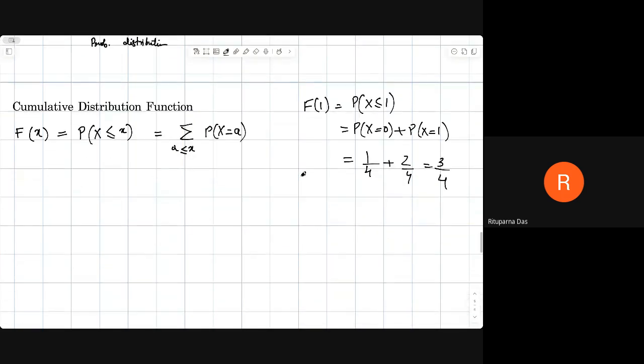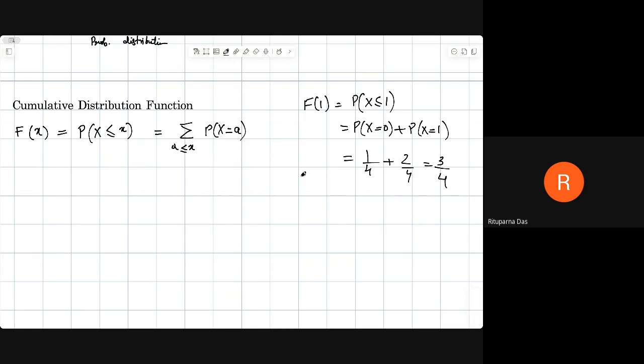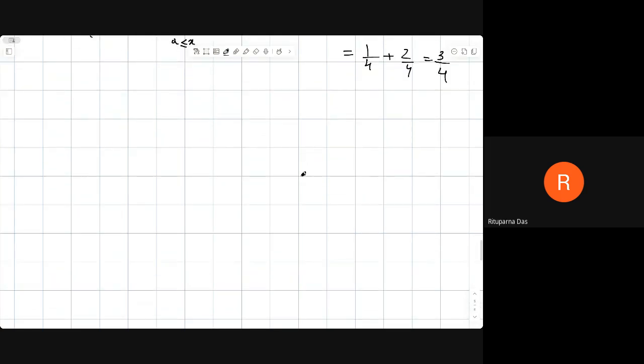The next is expectation. So expectation is the weighted average of possible values of the random variable. What do we mean by weighted average?